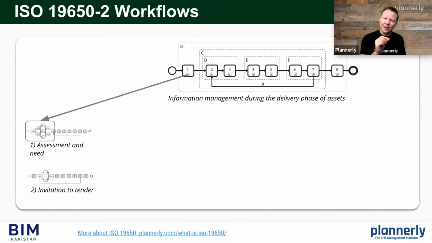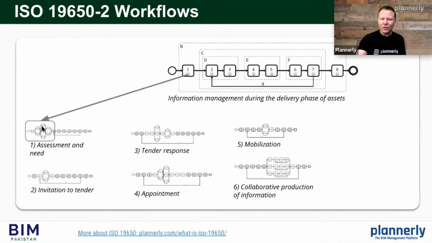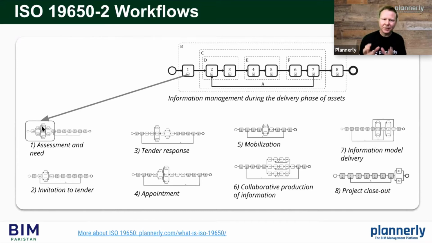And if we unpack each one of these, fortunately and also unfortunately, it will open up into more steps, a larger diagram. So we'll see all of these as we see each piece of the workflow. This is where we start with assessment and need, and we go through the tendering process to get procurement, we deliver, and we go through the checking and closing out.